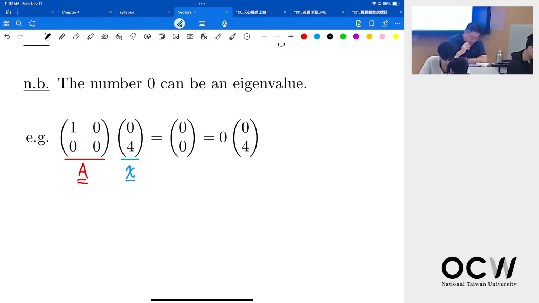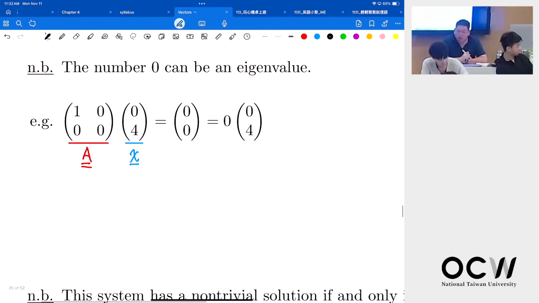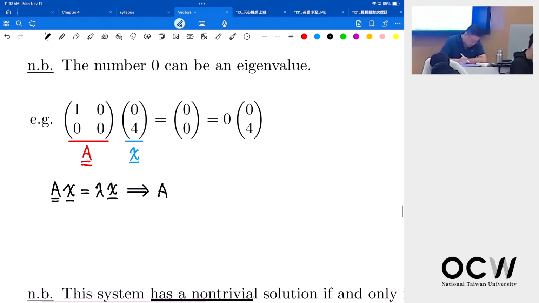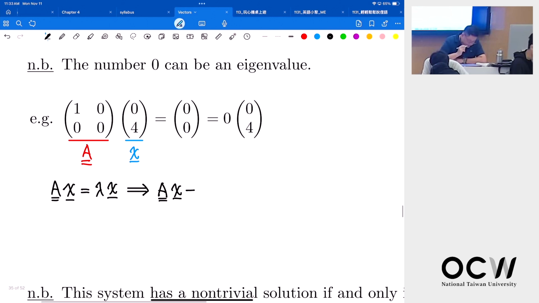Let's see this equation. Ax equals lambda x. So Ax, put lambda x on the left side, minus lambda x equals 0.